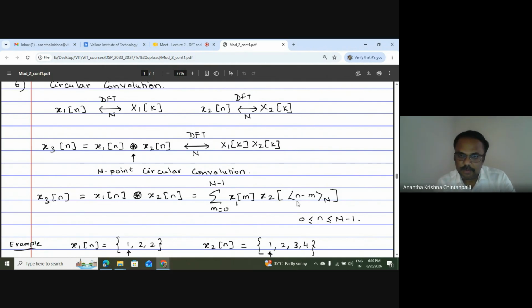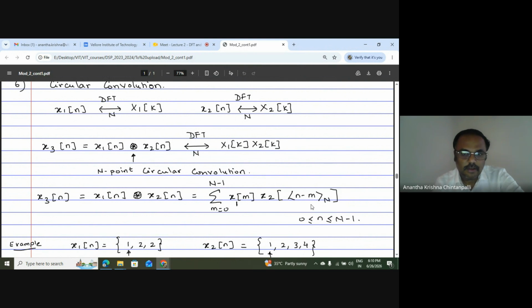This is with respect to the modulo which you need to put. Don't get confused with m as the variable. Usually in linear convolution it is k, where k goes from minus infinity to infinity. Here m goes from 0 to N minus 1, and this is modulo N. Okay, the rest is the same.